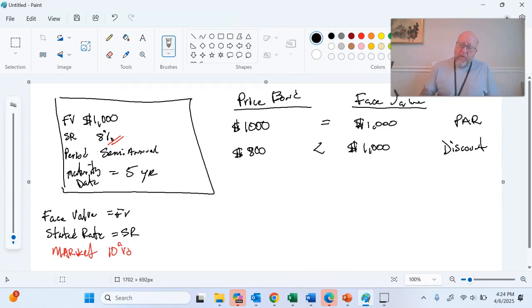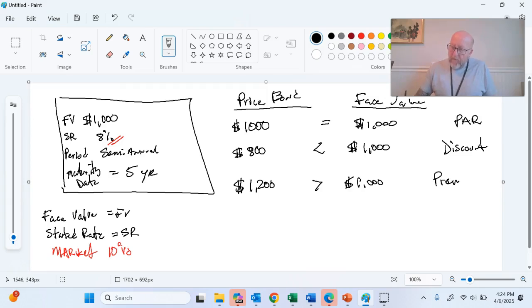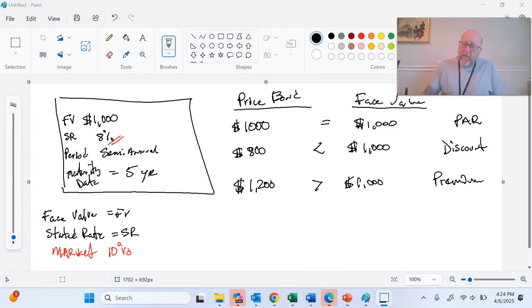And then alternatively, right? Alternatively, we could sell a bond for something more than the face value. And in this particular example, we are saying, hey, you know what? We're selling it at a premium. And if I'm selling a bond at a premium, what we're saying is the market rate, right?